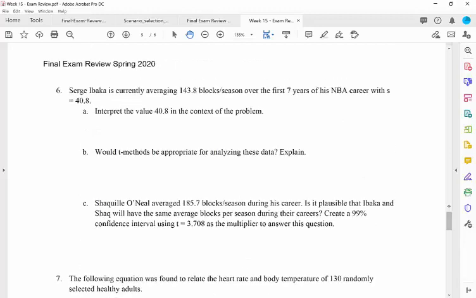Okay, so then this one is looking at basketball. So Sergey, I don't know, Baca, I'm not a follower of basketball, averages 143.8 blocks per season over 7 years. So this is looking more at the idea of a single mean.